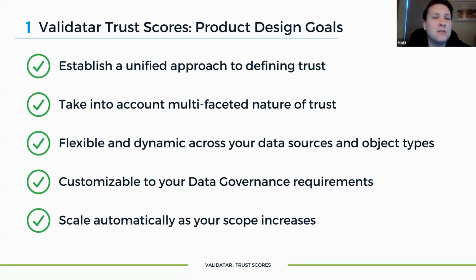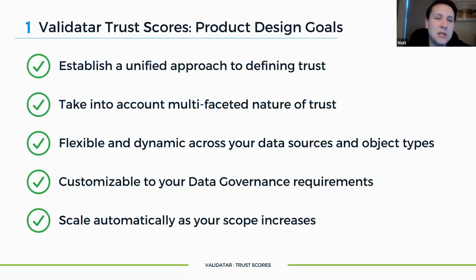And then we wanted this to be flexible and dynamic across your data sources and object types. All different types of data get pulled into Validator, and how you trust something of one data type or one object is very different from another. And so that needs to be customizable both to the objects you're working with and to your data governance requirements.